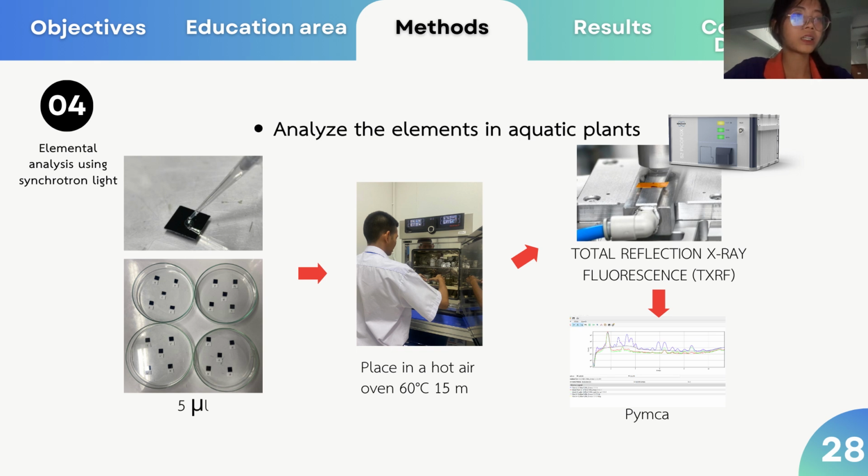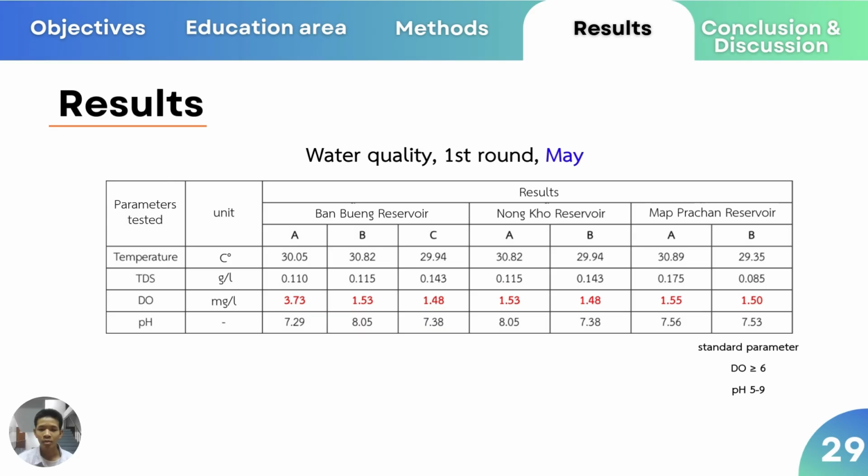Place it in a hot air oven at 60 Celsius for 15 minutes. Put it in the total reflection X-ray fluorescence machine. We will get the elemental spectrum.